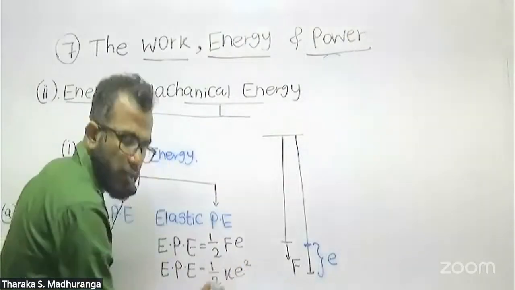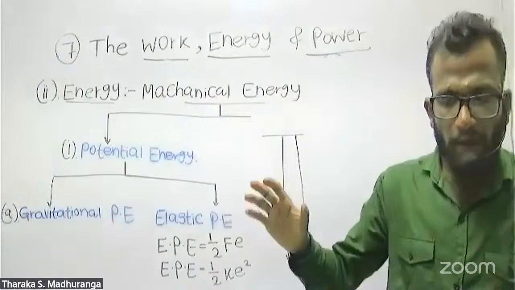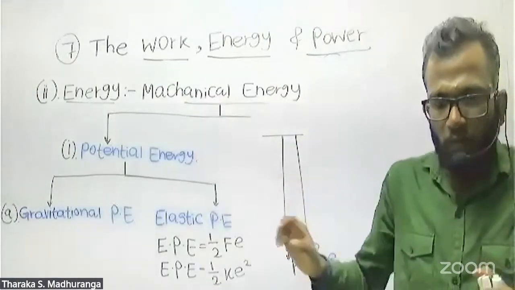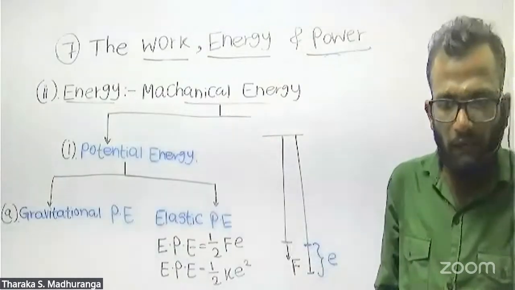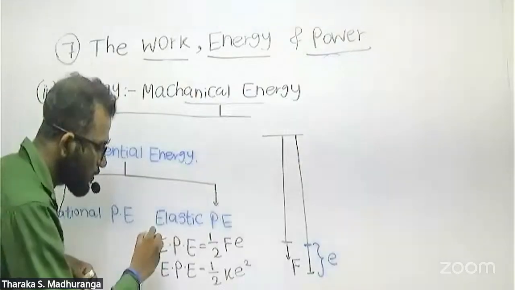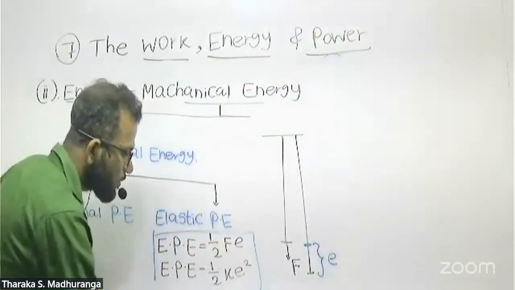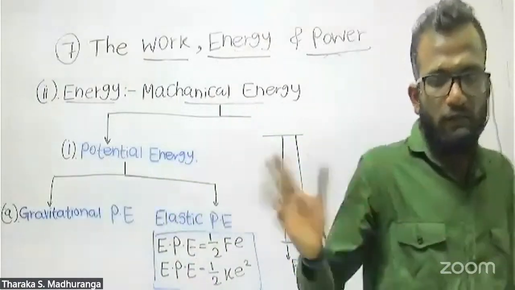This K I can't explain here because it needs a long background to understand K. K is actually a constant. These two equations will again be discussed in the next lesson. Therefore, you can only write them down, then we can discuss in the next lesson.